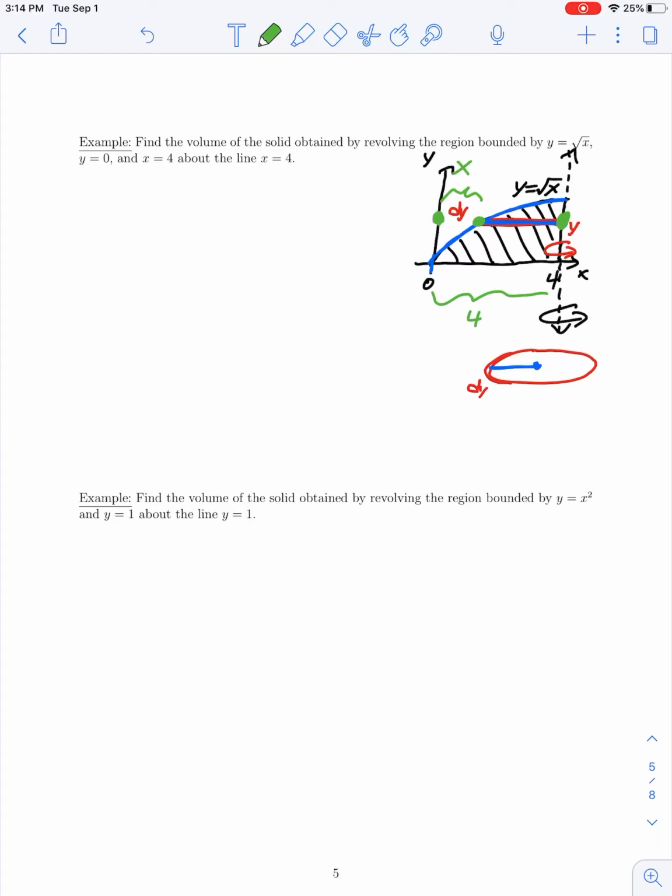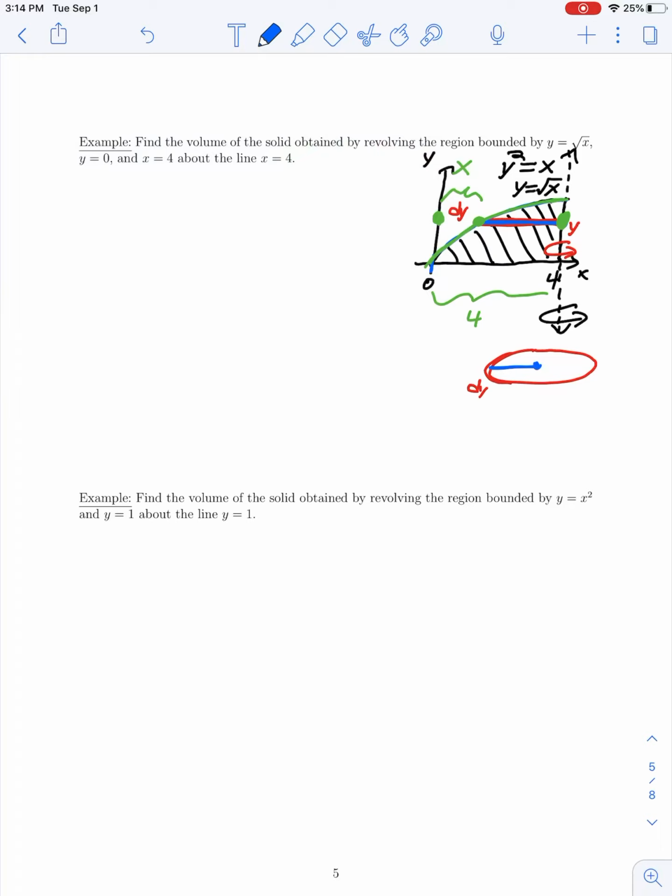So that horizontal distance that I'm moving from the y-axis outward to the edge of my curve is what we call x. And here that distance is defined by this curve, y equals the square root of x. So if we solve this equation for x, we would have x is equal to y squared.